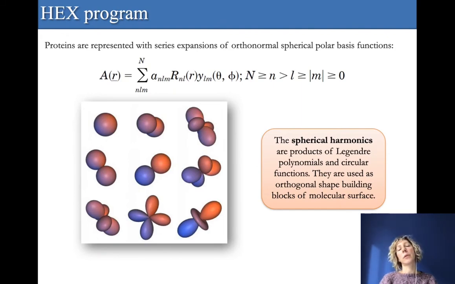Here is another example, which is called HEX, which uses spherical harmonics to represent protein surfaces. So the idea is that you decompose your surface using a basis set, and these functions in your basis set are spherical harmonics. So you have some examples here of what shape they have.